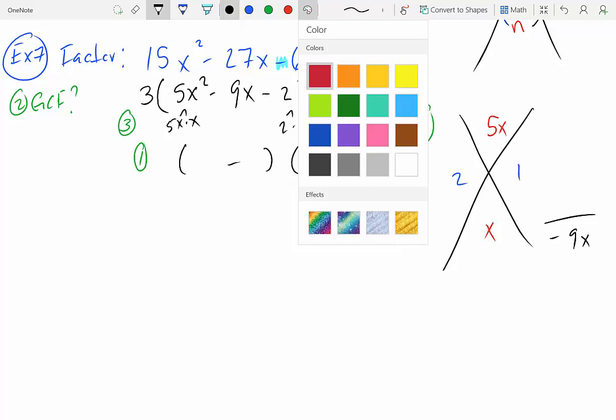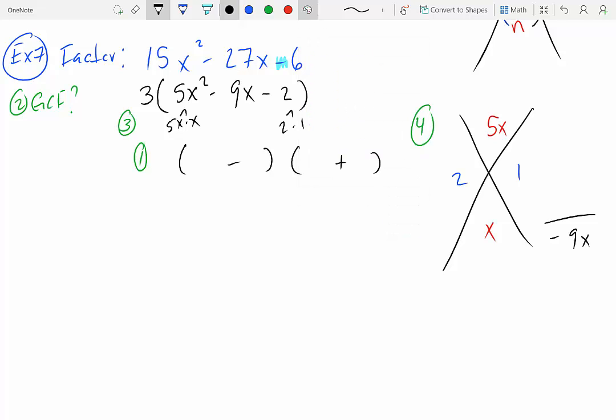Let's say that you haven't picked up how to do this in your head. Let's go right. So if we go right, we have 5x times 1 is 5x, and we have x times 2 is 2x. So there's nothing we can do there, because since they're different signs, we need to subtract. And if we subtract, we get 3x. There's nothing we can do to get negative 9x.